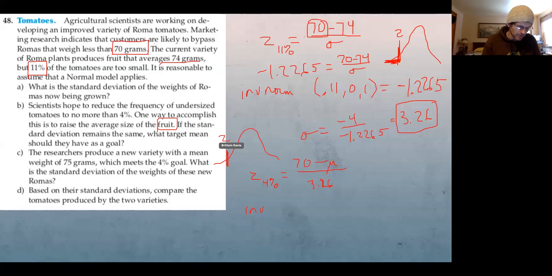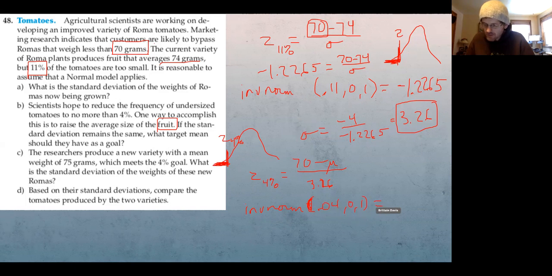So here's my z-score for 4%. They're not rejecting as much, but I still need to find out what that is. Inverse norm for 0.04, 0, and 1 gives me -1.7507.